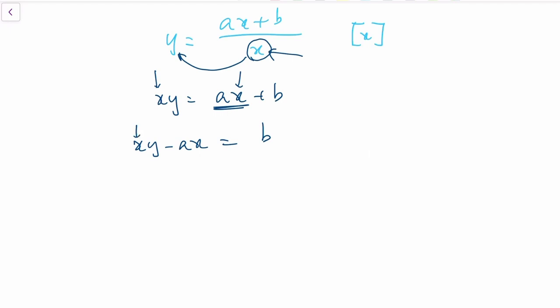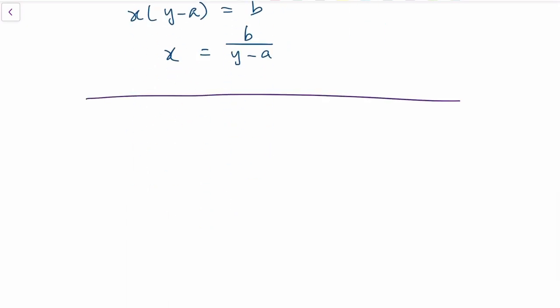This has x, this also has x, so we can factor x out. And then we'll simply divide the bracket away, then x is now the subject. So the key of making an unknown the subject when that unknown appears multiple times would be to move them all to one side and then factor it out.